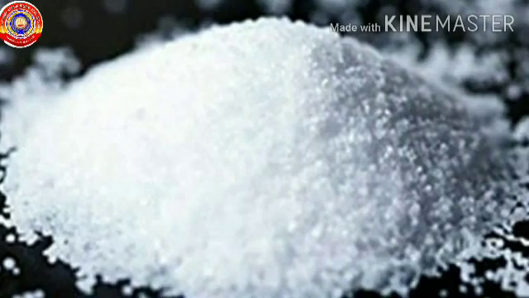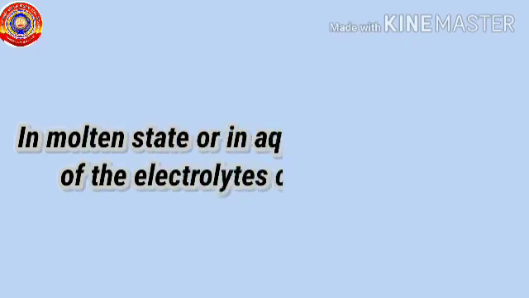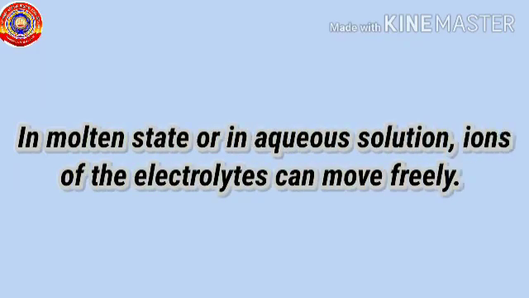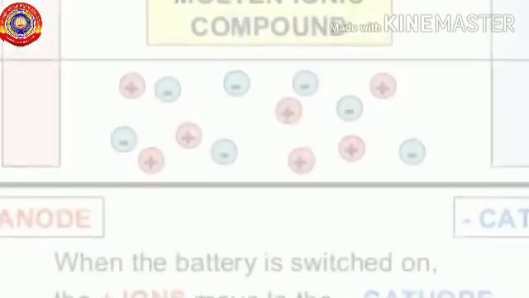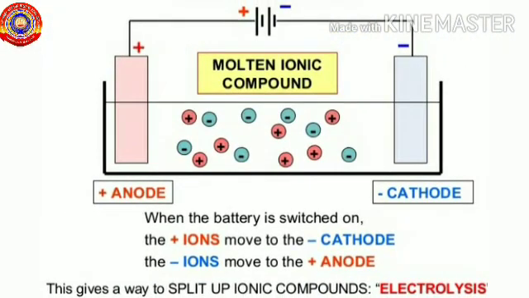Also we know ions of the electrolyte can move freely in molten state or in aqueous solution. When electricity is passed through molten sodium chloride, the electrolyte dissociates as positively charged sodium ion Na+ and negatively charged chloride ion Cl-. Now the ions are free to move.